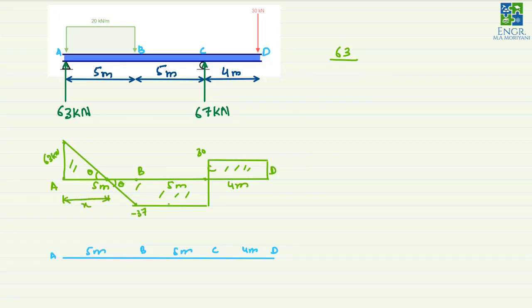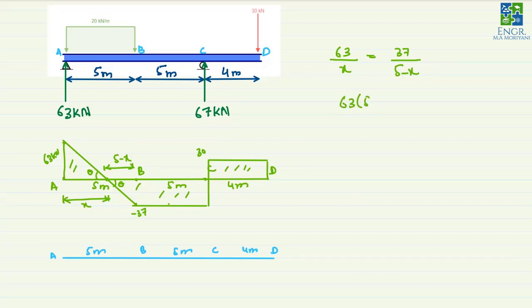Let's say this distance is x, and the total distance is 5, so this will be equal to 37 divided by 5 minus x, because the total distance is 5 and this distance should be 5 minus x.